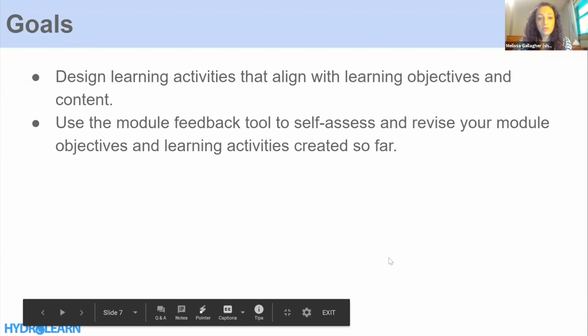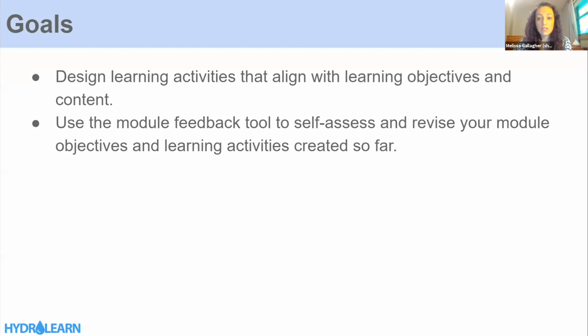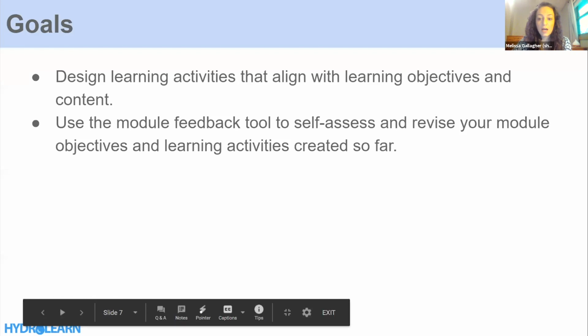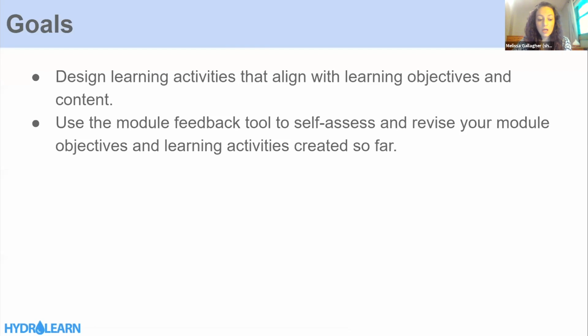So our goals are for you to continue designing learning activities that align with your learning objectives and the instructional content you plan. I've heard some groups talking about how it feels a little odd to be creating your final learning activity, so I've started there.